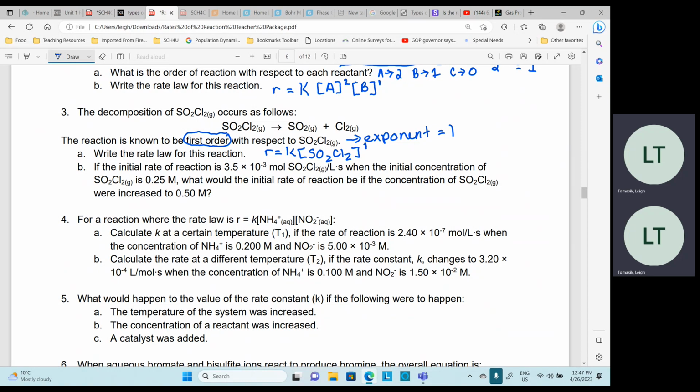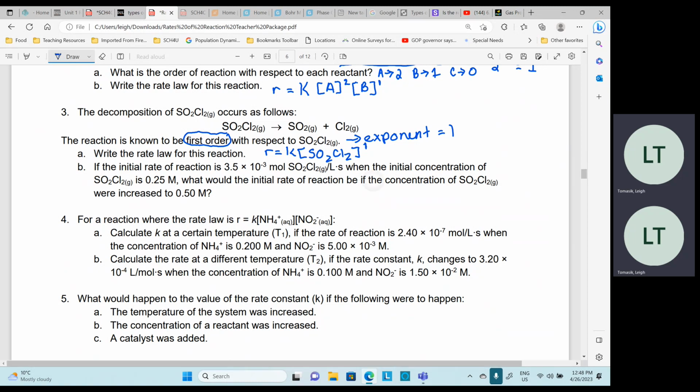Okay, if the initial rate of reaction is 3.5 times 10 to the negative 3 when the initial concentration of SO2Cl2 is 0.25 moles per liter, what is the initial rate of reaction if the concentration of SO2Cl2 were increased to 0.5 moles per liter?